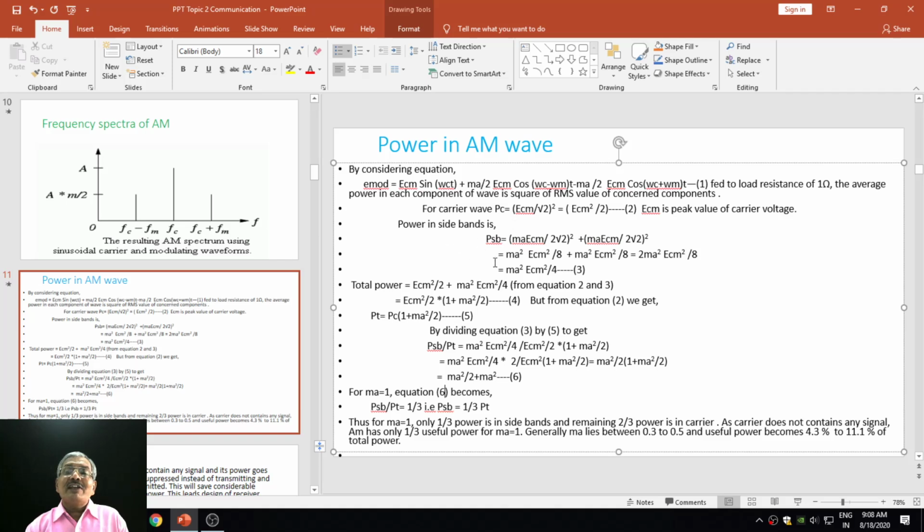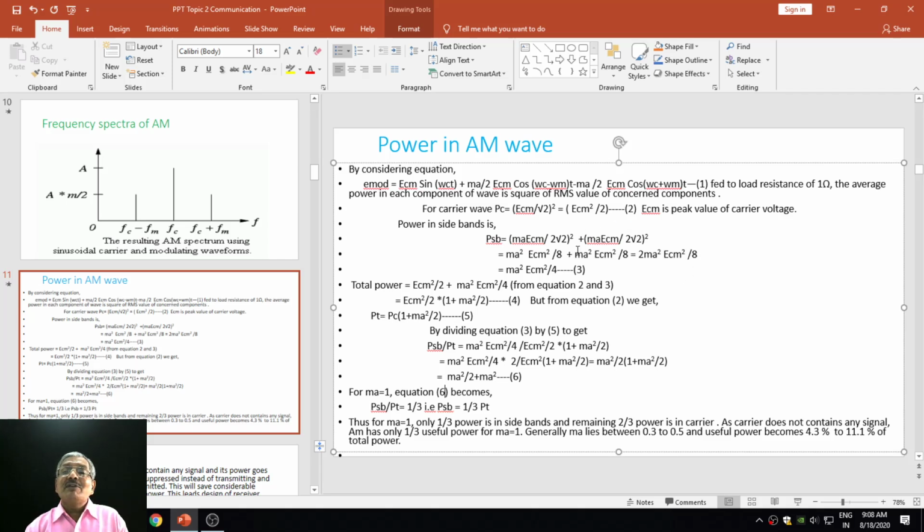Now the power in the sidebands is the sum of the power in the upper sideband and the power in the lower sideband. So it is calculated as PSB, and that is equal to (MA into ECM upon 2 root 2) square plus (MA into ECM upon 2 root 2) square, because the amplitudes of the upper and lower sidebands are the same.